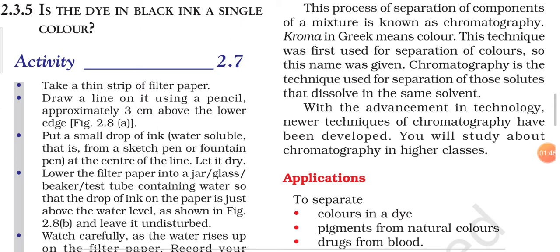When the water reached the spot where ink was placed, the dye was soluble in water and got dissolved, and then the dye also started rising with water. So that is why this is a very important point. It is the first point for the principle of this technique, right?